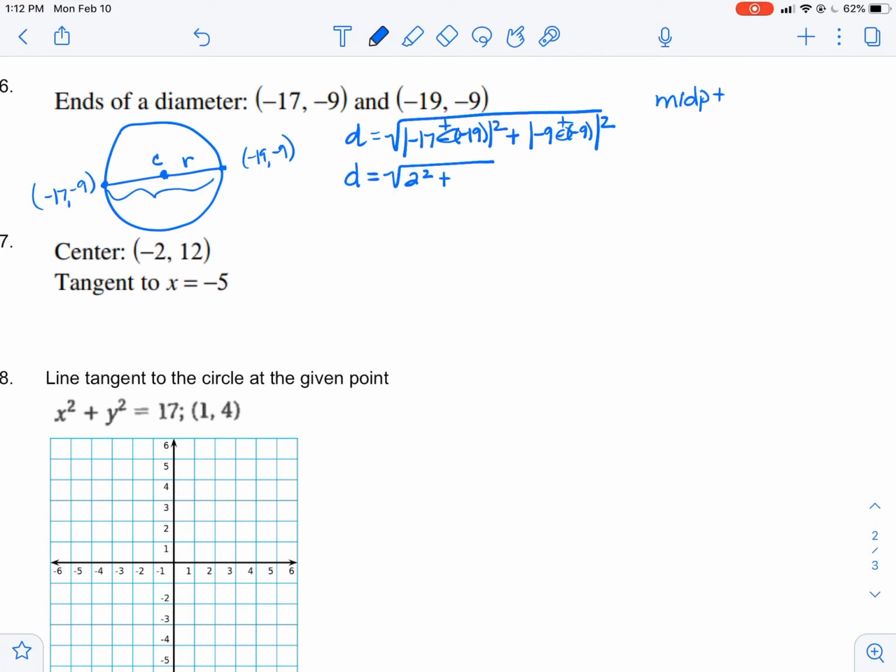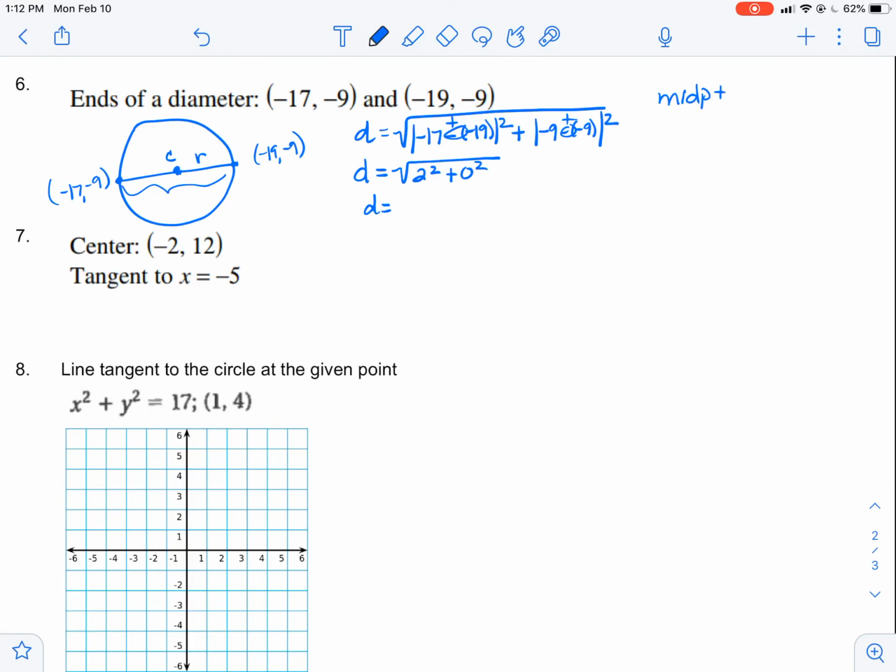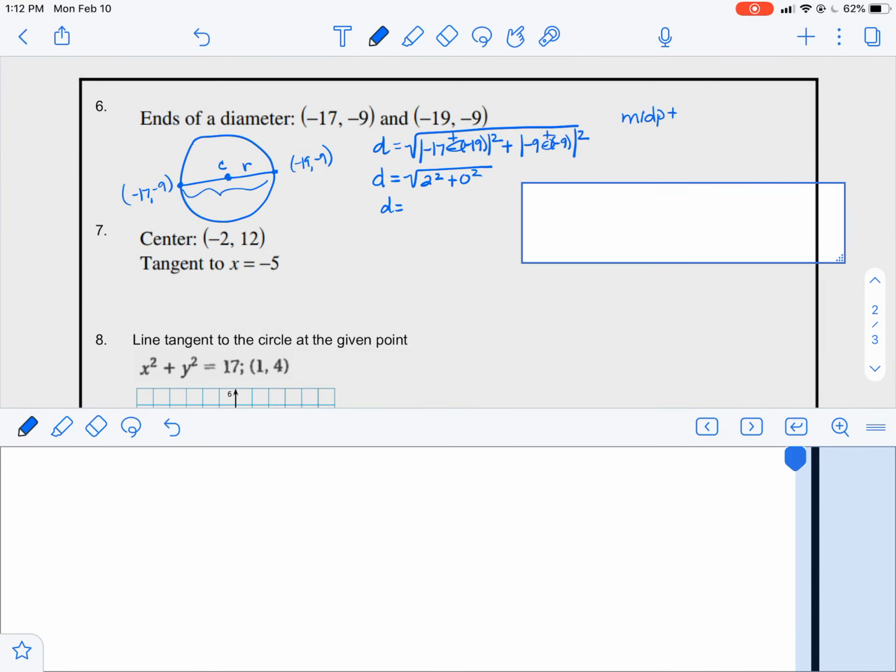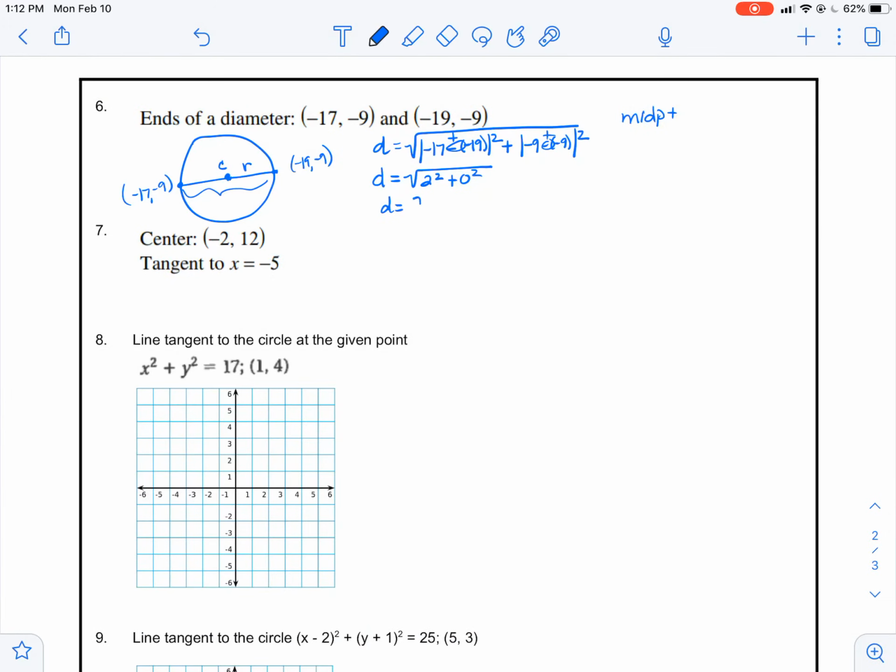And same thing here, so that's 0 squared. So my distance, which is my diameter also, is going to be just 2. Okay, now that is my diameter, so my radius is half of that, so my radius is 1.